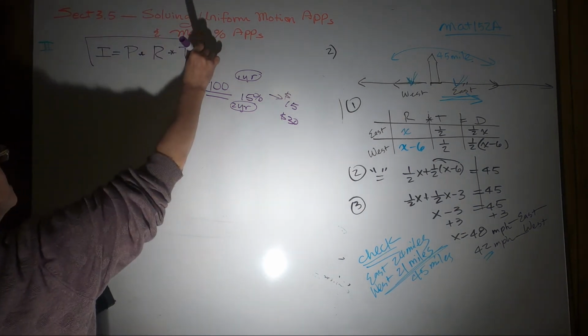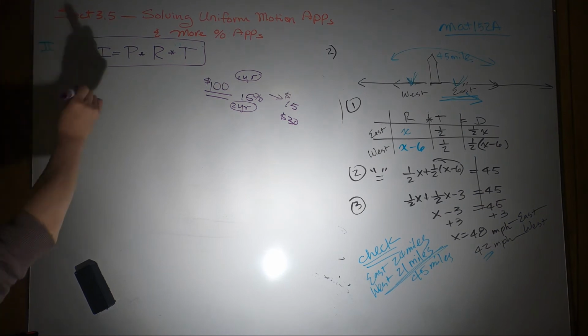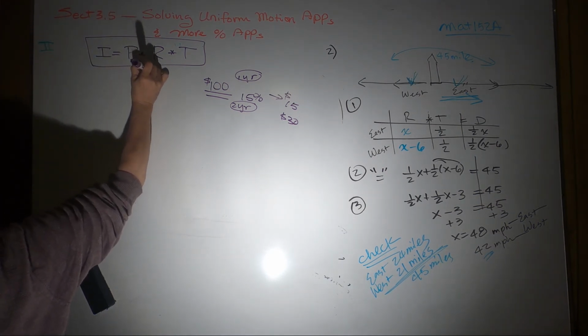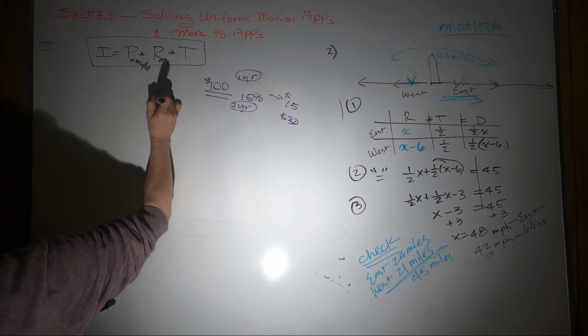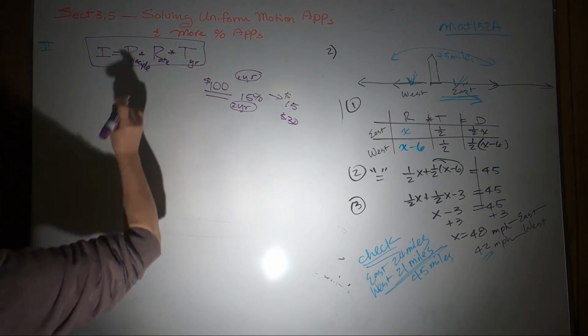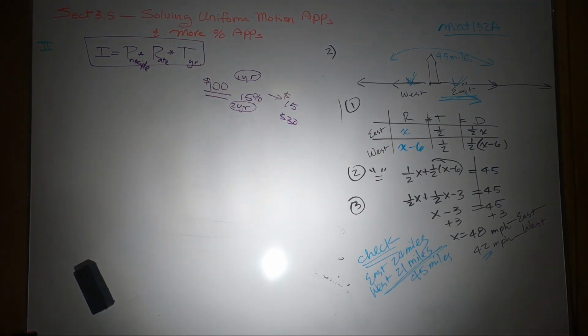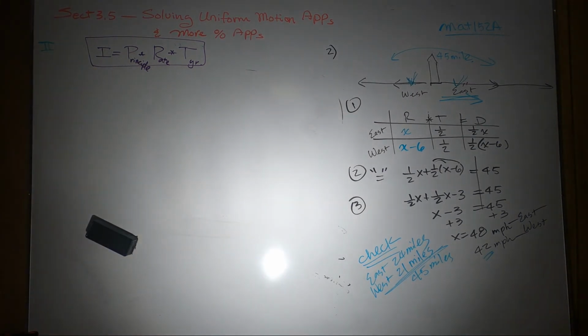So your calculation should be I equals PRT, simple interest. P is your principal, R is your annual rate, then T is the years. That's how we calculate your interest. Okay?